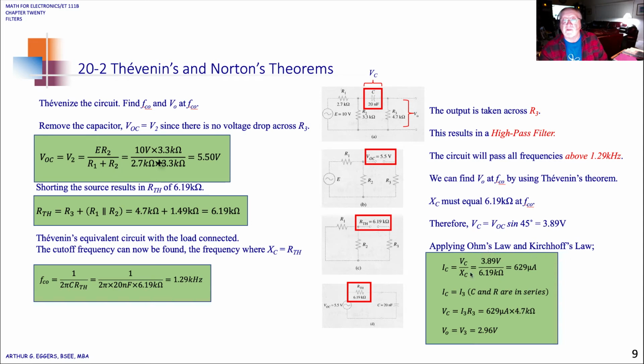Applying Ohm's law and Kirchhoff's laws, we can calculate the current through the capacitor, 629 microamps, and we see that that current is equal to the current that we would have originally had up here in branch 3 across R3, I3, where C and R are both in series. So the drop across the capacitor becomes I3 R3, and we get an output of 2.96.